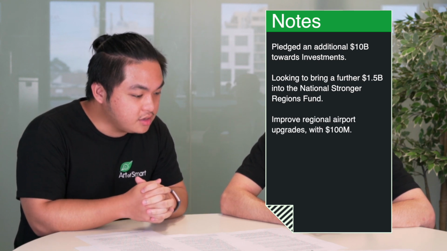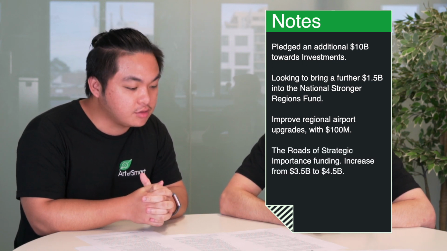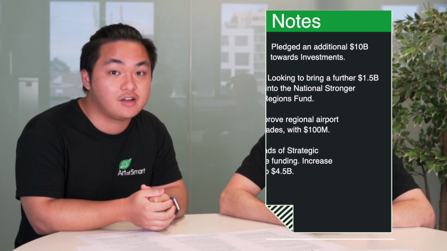But the big one for me, Rowan, is the Road of Strategic Importance funding, which is an increase from 3.5 billion to 4.5 billion. And so the hope here, and once again, it's a lot to rely upon, the hope really is that this public investment is going to really support the overall investment in the economy and produce some growth. But what's interesting is most of these projects are continuations.